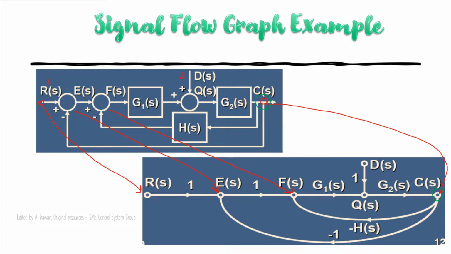So we go back to the SFG. Between E(s) and F(s), we don't have a block and we don't have a gain, so we put unity here, 1 and 1. And then we have these nodes again. I'm sorry, I missed this one. We have another node here. So we connect all the nodes by one line at first, like this.